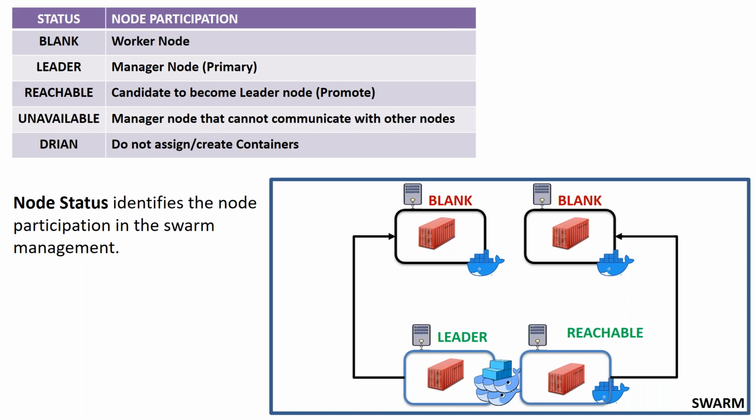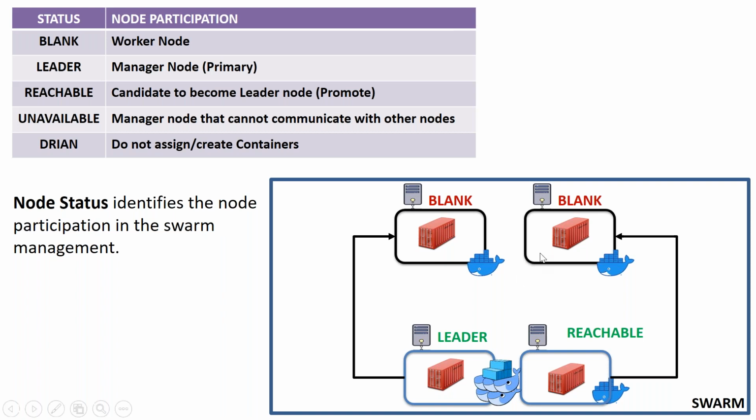The same way, in a group, you are not supposed to run the containers on the leader, because if you start running containers, the leader will get loaded, and if something goes wrong and the leader goes down, it will be a problem for us. So the best practice is to make sure we do not run containers on the leader. So how do we do that?